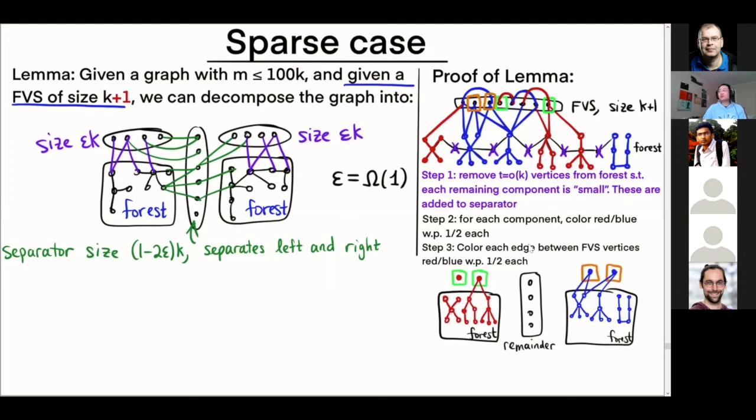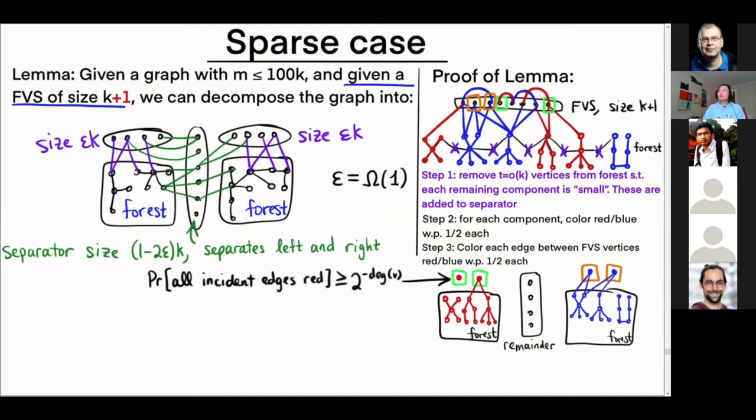So why is this true? Why is there a good amount of vertices in the FES whose neighbors are all red? Well, for each vertex, consider its degree. The total number of pieces in the forest that are adjacent to it is at most its degree.